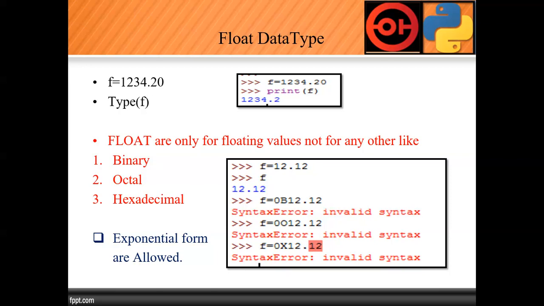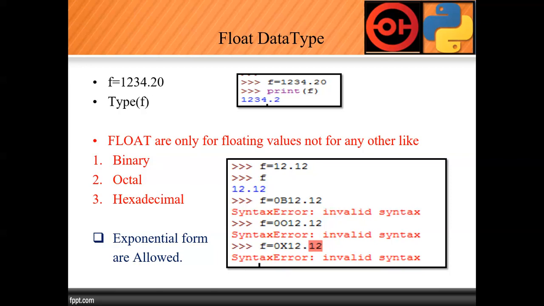In the decimal number, the base is 10. In binary number, the base is 2. In octal number, the base is 8. And in hexadecimal number, the base is 16. Okay. So we already discussed the three functions. We can easily convert a decimal number into binary by using the bin function.